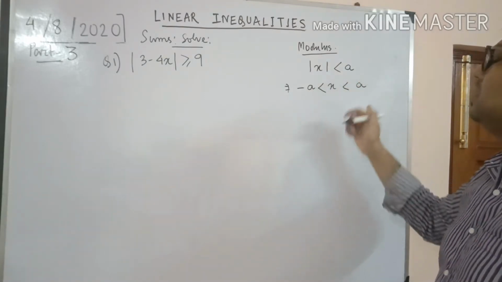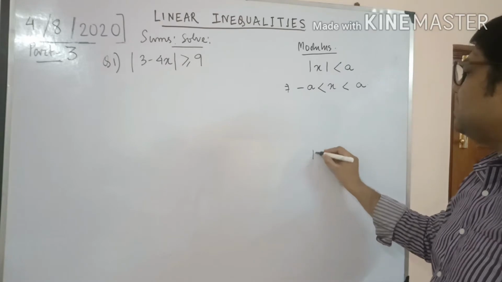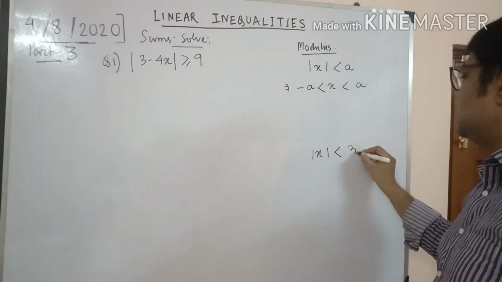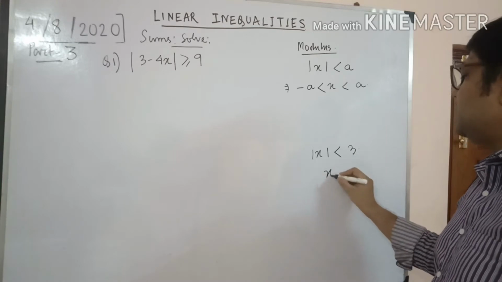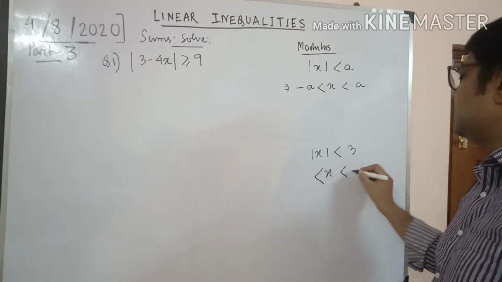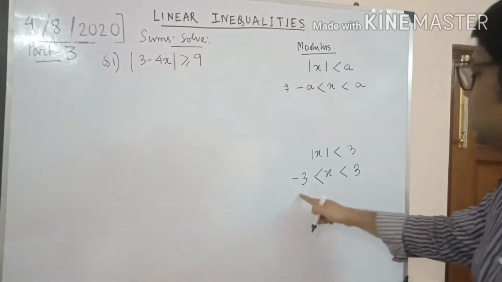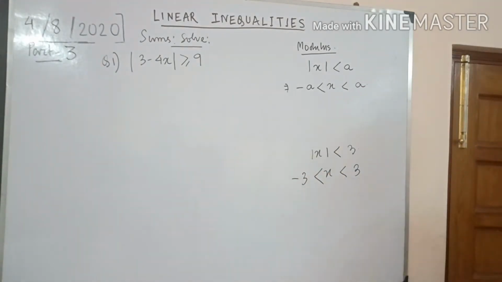Why so? You can take an example like mod x being lesser than 3, so x is lesser than 3 and greater than minus 3. So minus 3 lesser than x lesser than 3.